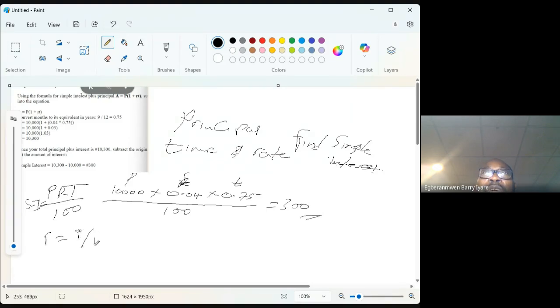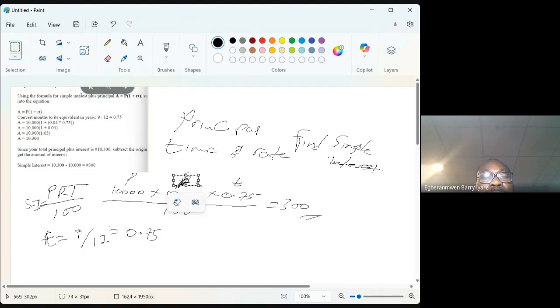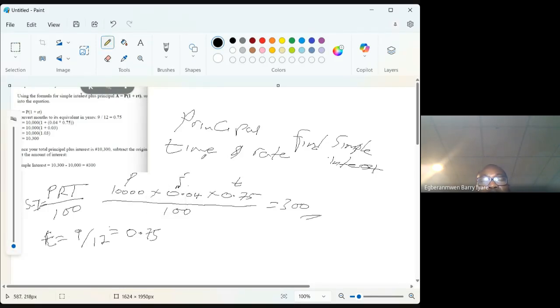To convert months to years, you divide by 12. So the T will be 9 divided by 12, which gives us 0.75. So it will now be 10,000 times r, which is 0.04, times T, which is 0.75. If you multiply it together, you will get 300. So I hope that one is clear. I just wanted to use the other one to explain so that you know how to solve for the amount, then subtract the principal from the total amount to get the interest.